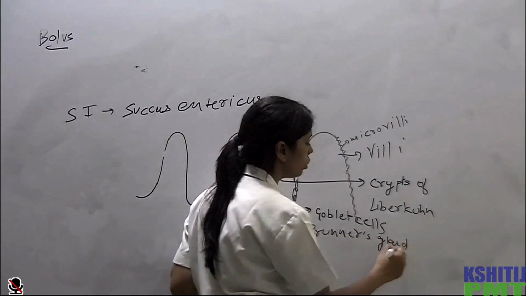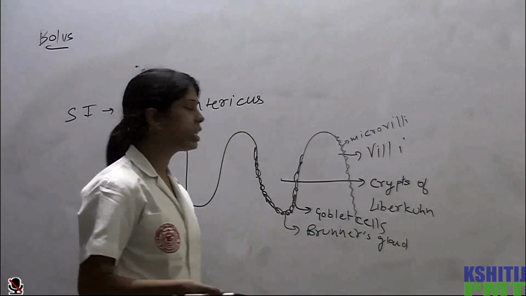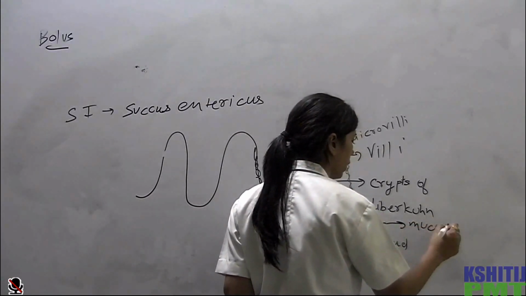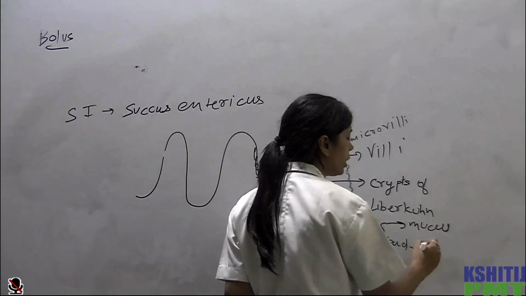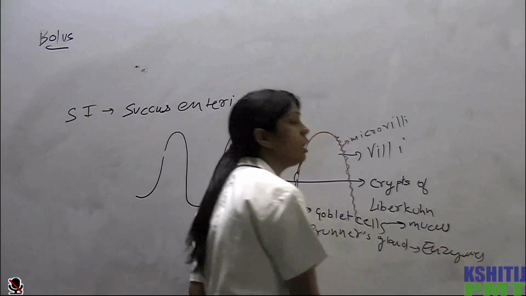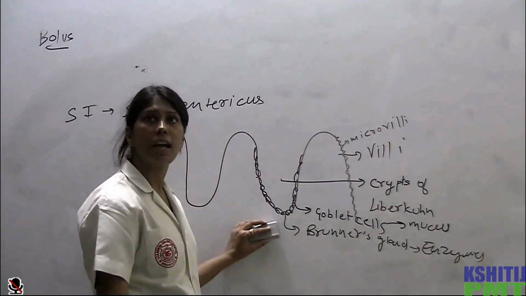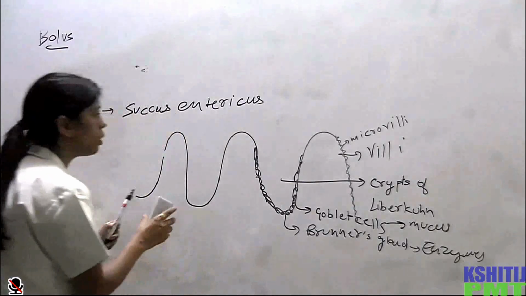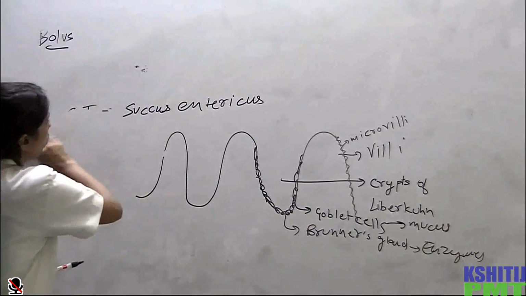So goblet cells will secrete the mucus, and Brunner's gland will secrete the enzymes, or you can say the succus entericus. So this was about the walls of the small intestine.